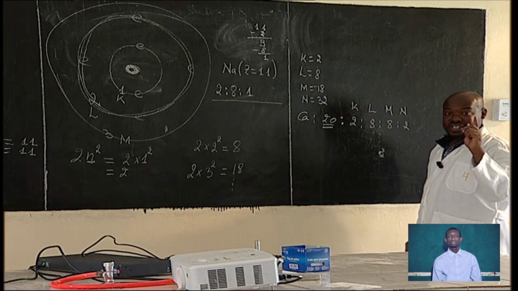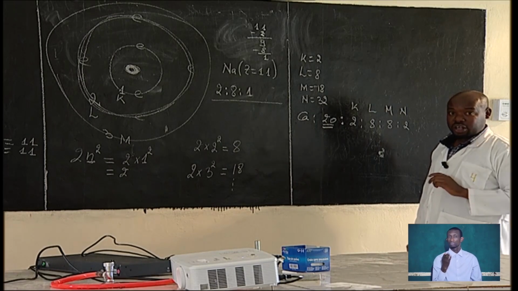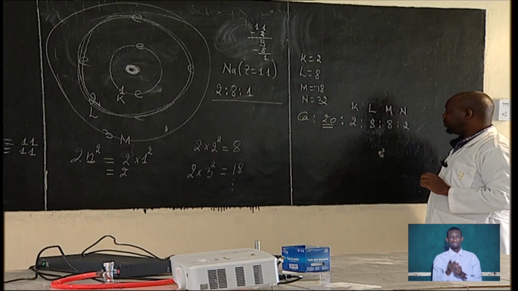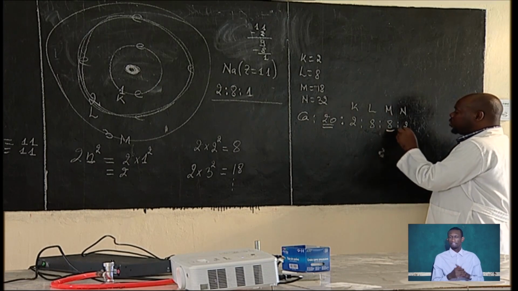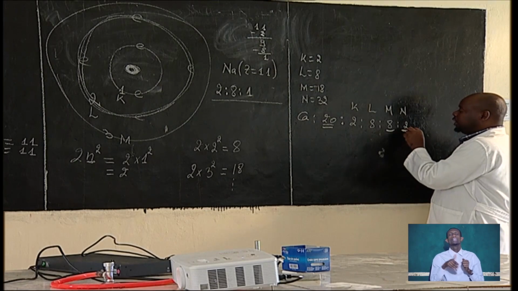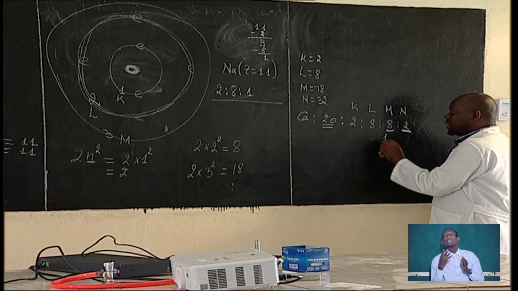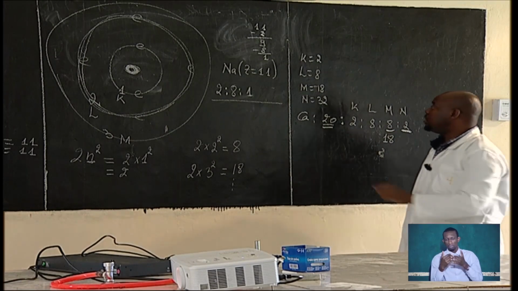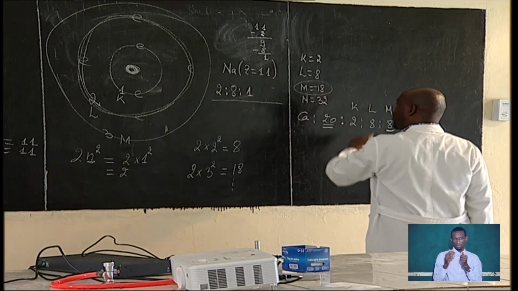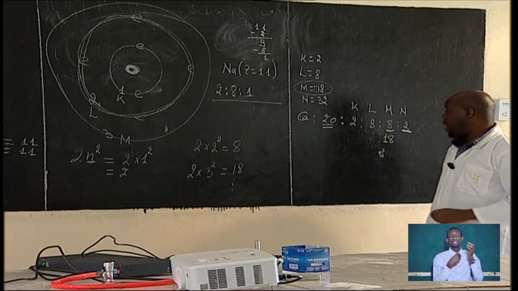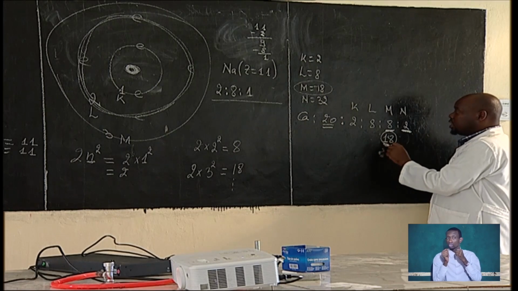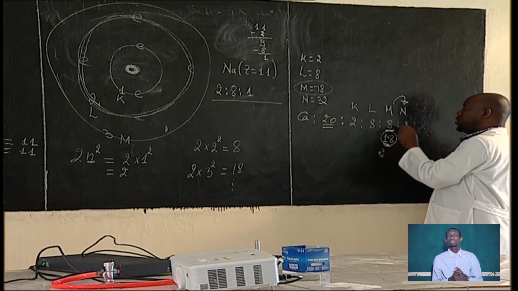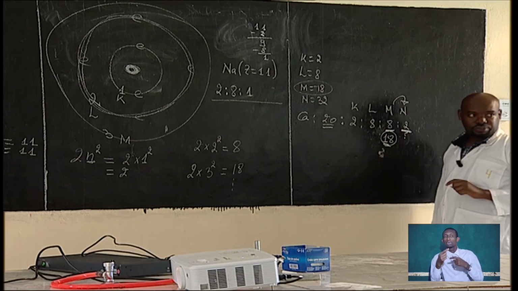And here there is something which is very important. There is an exception. Why do we have 8 electrons and we go to the 4th energy level before we get 18? Remember, we said that the 3rd energy level can accommodate 18 electrons. But here we have not filled the 3rd energy level, and we have gone into the 4th energy level.